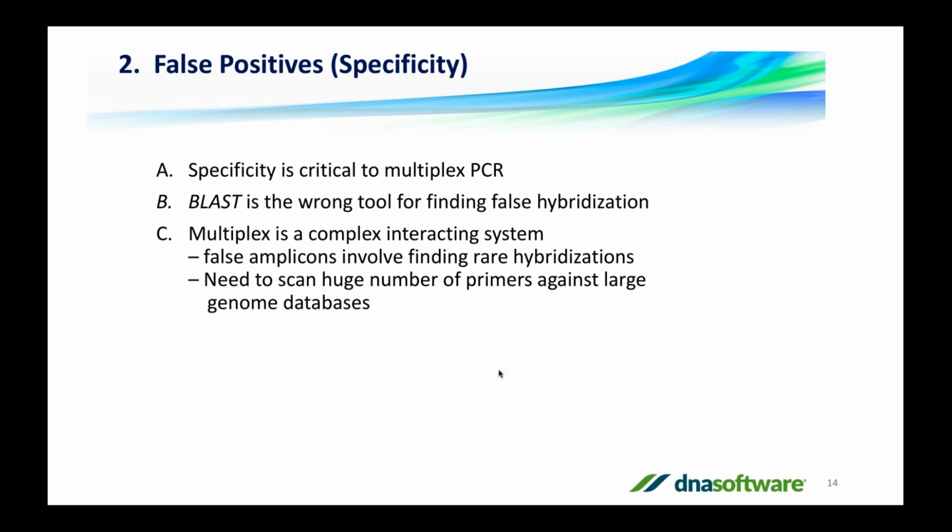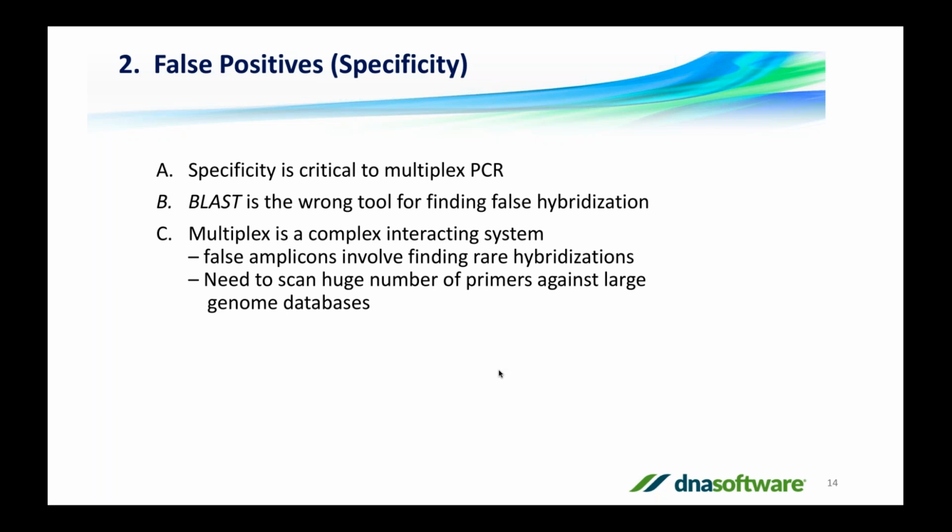All right, so I will show you in a moment that the tool that most people use for such specificity tests is a BLAST search, and that is really not the best tool for the job. The second thing about false positives is the idea at part C here that multiplex is a complex interacting system.